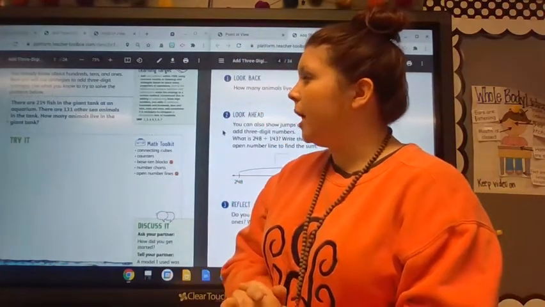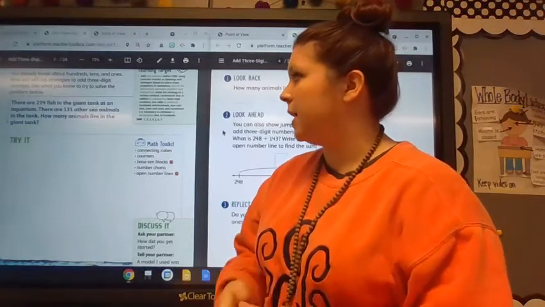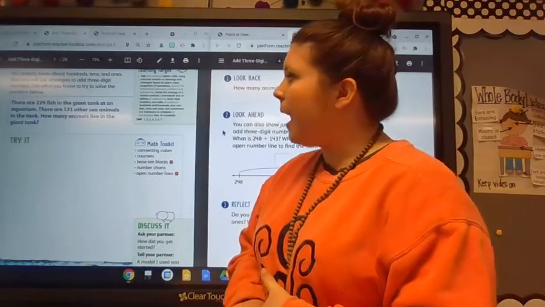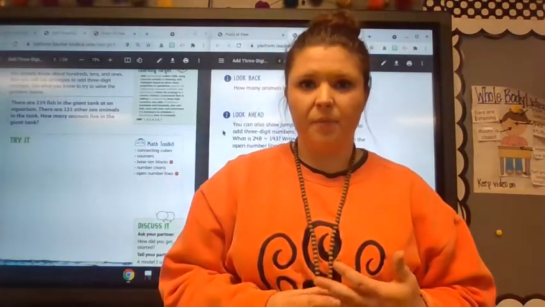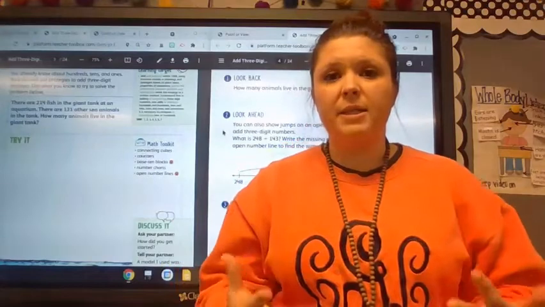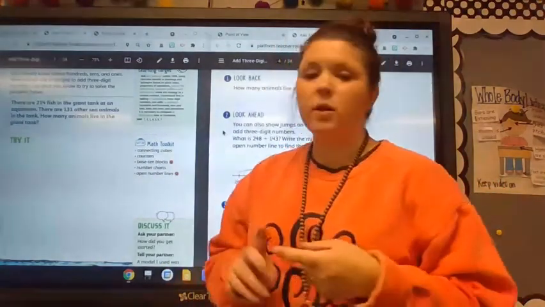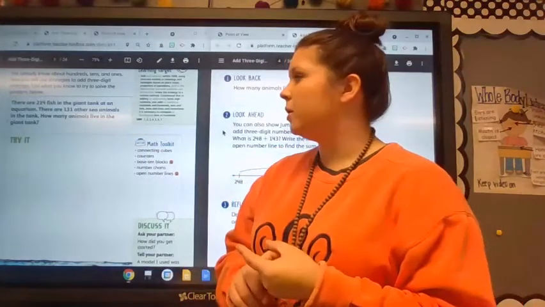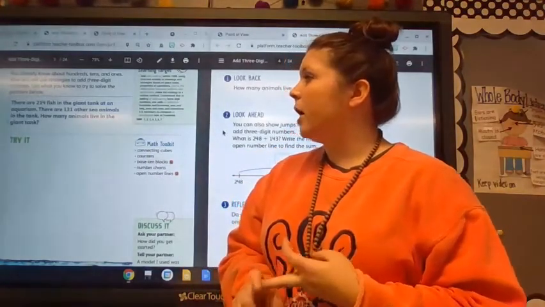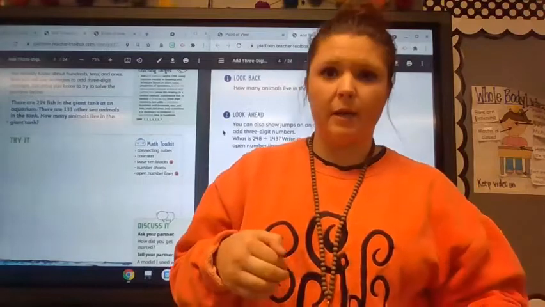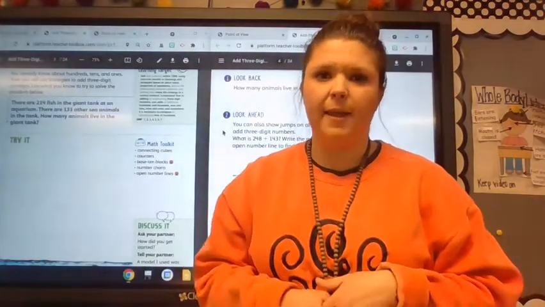There are 214 fish in the giant tank at an aquarium. There are 131 other sea animals in the tank. How many animals live in the giant tank? What information do they give us here to help us solve our problem? They told us that there are 214 fish. They told us that there are 131 other sea animals in that tank, didn't they?